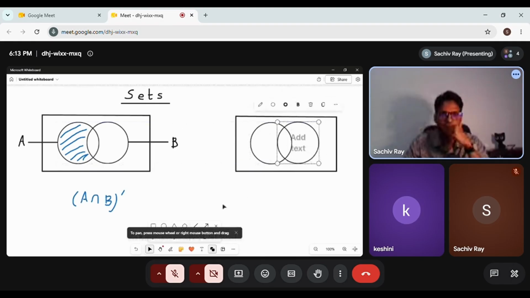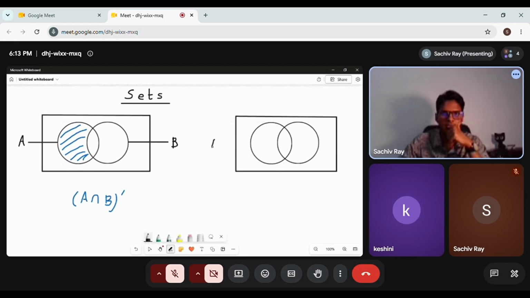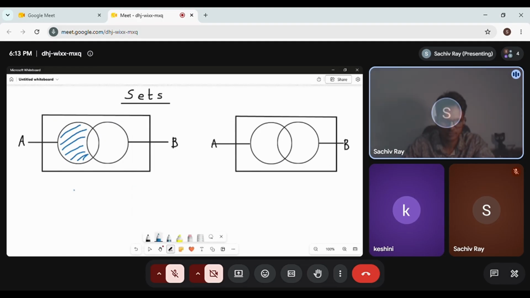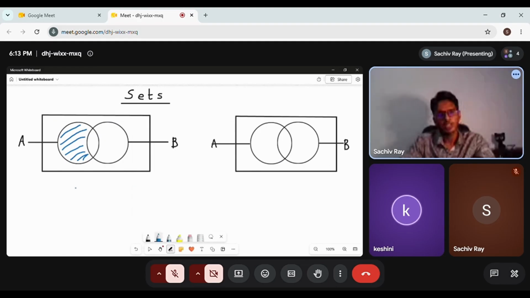And let's name them A, B. So this we can call A intersect complement B, right?